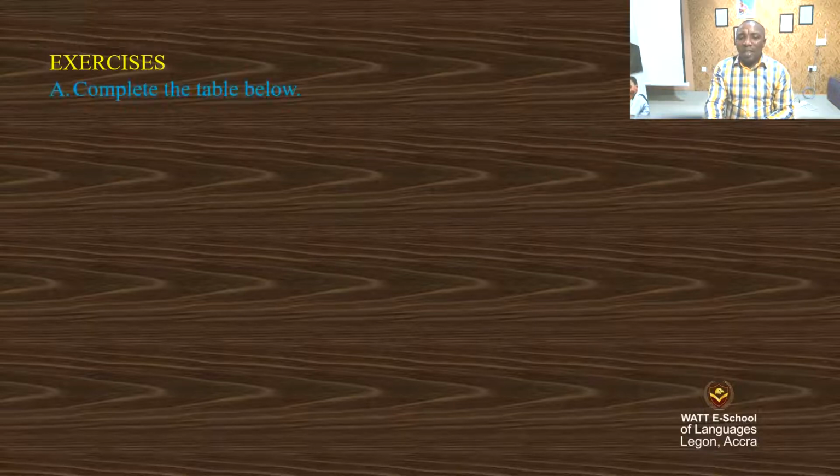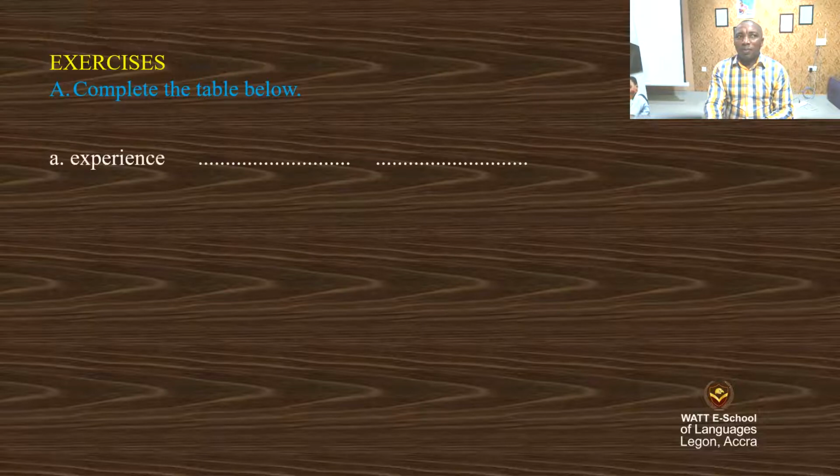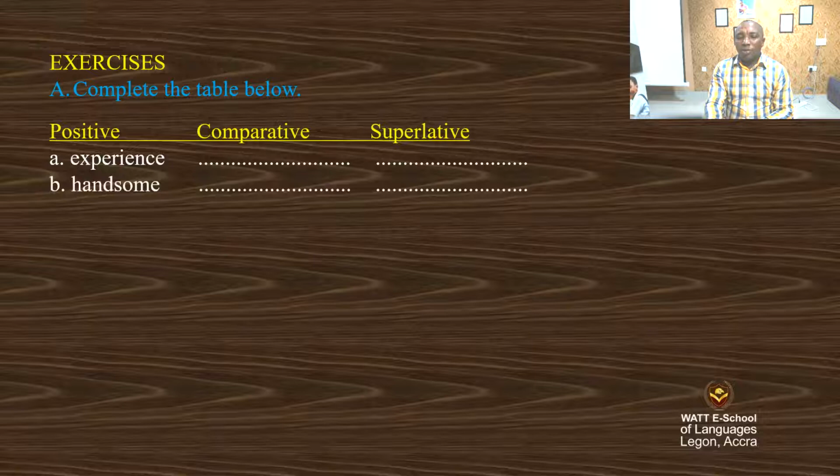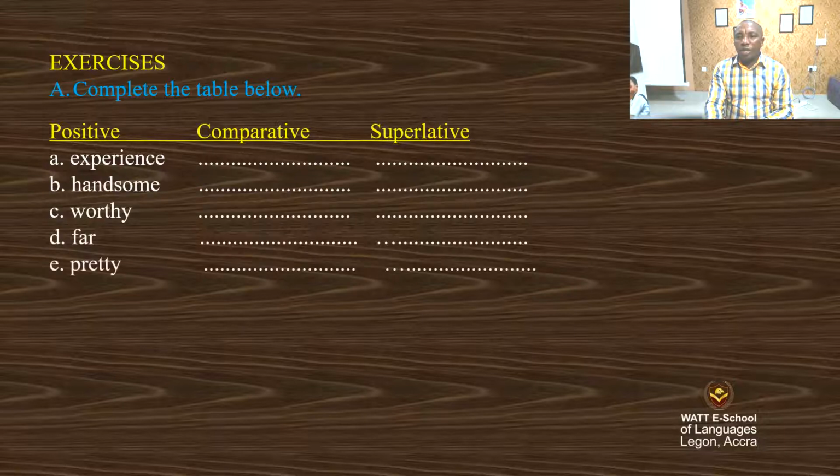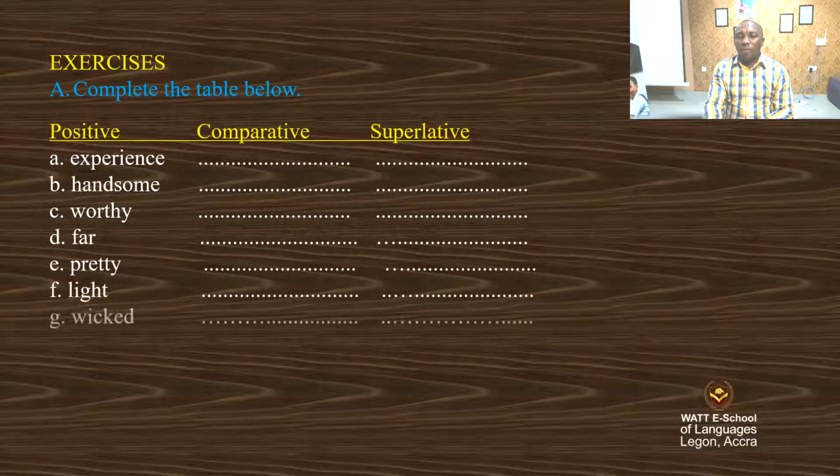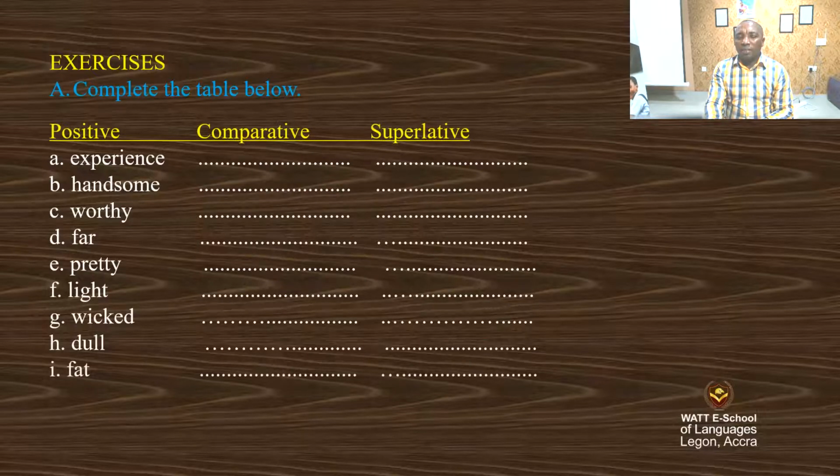Let's have a look at some activities to make it practical. Complete the table below. Experienced, handsome, wealthy, far, pretty, light, wicked, down, fat.